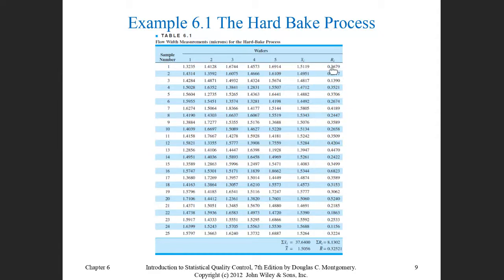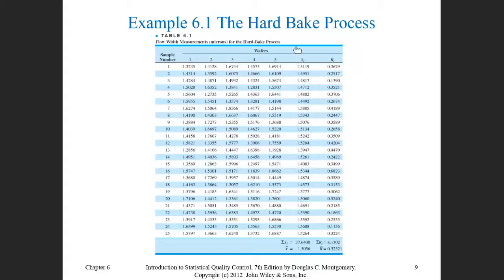The range for sample 1 is found from the maximum minus the minimum of the first sample. The first sample maximum is 1.69 and the minimum is 1.32. So the subtraction between 1.69 and 1.32 gives you the range for sample 1. You will do the same for all the 25 samples.